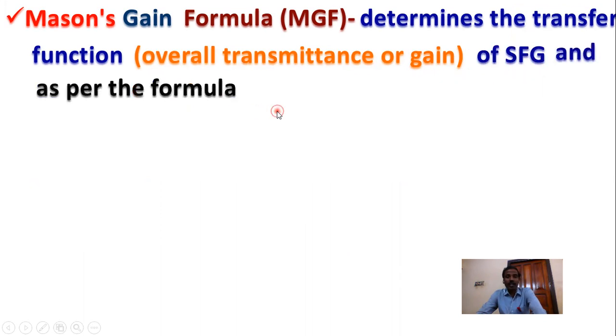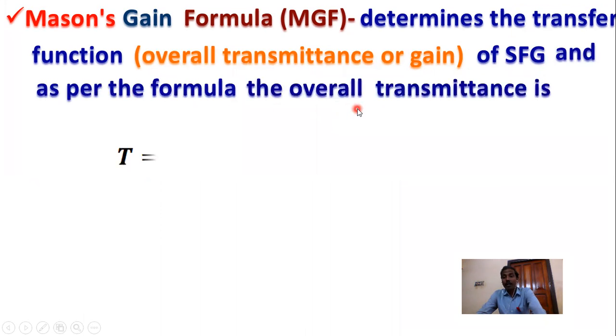As per the formula, the overall transfer function is C(s) by R(s), where C(s) equals the output, or Laplace transform of output. This is the effect of the system, and R(s) is the reference input. This reference input may be step, ramp, parabolic, impulse, any type of input.